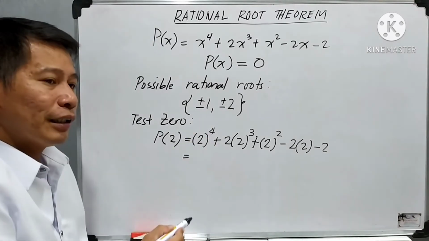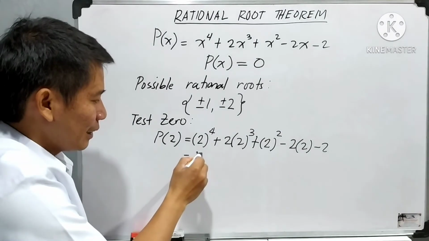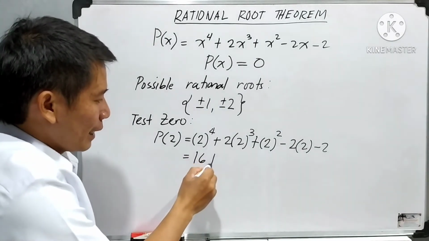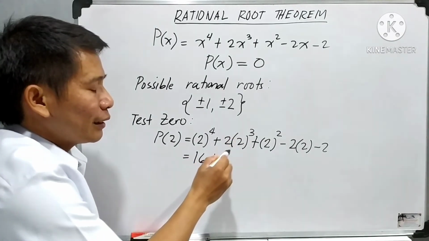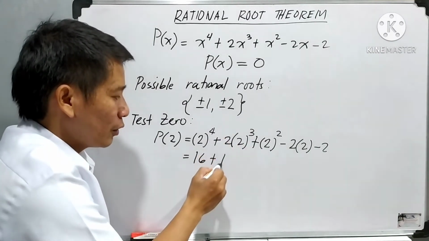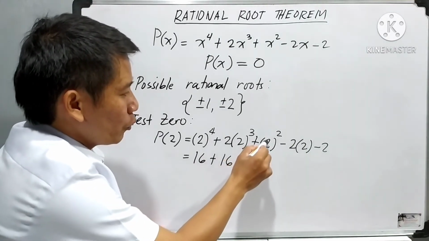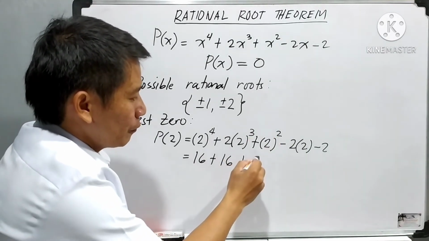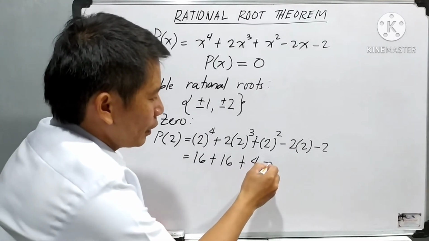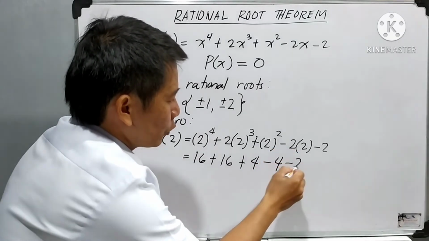2 raised to 4, that is 2 times 2 times 2 times 2, that is 16. Okay, plus 2 cubed, that is 8. 2 times 2 times 2 is 8, times 2 is also 16. Plus 2 squared is 4. Then we have minus 2 times 2 is 4. Then we have minus 2.